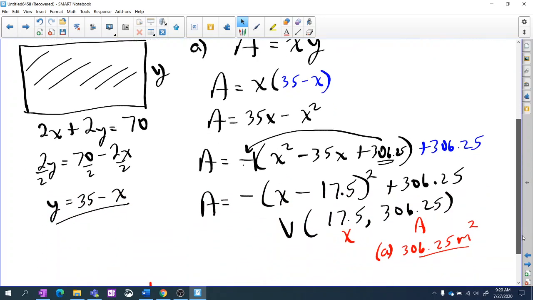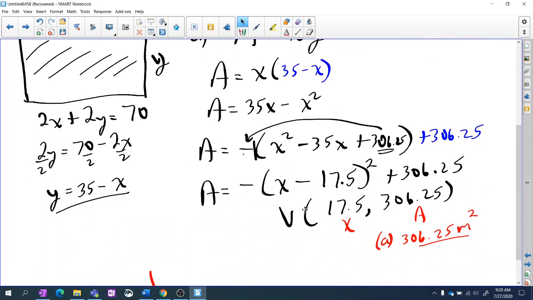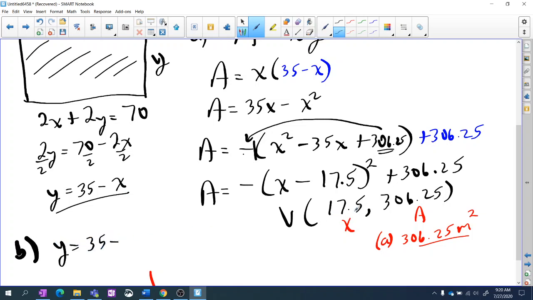I have the x value. So the x value is 17.5. To do part B, I need the y value. Well, it says right here, y is 35 minus x. So y is 35 minus the x value at that particular instant, which turns out to be 17.5.